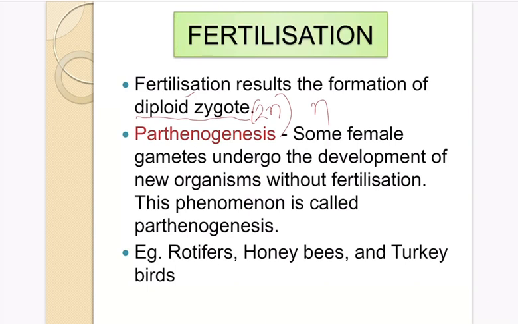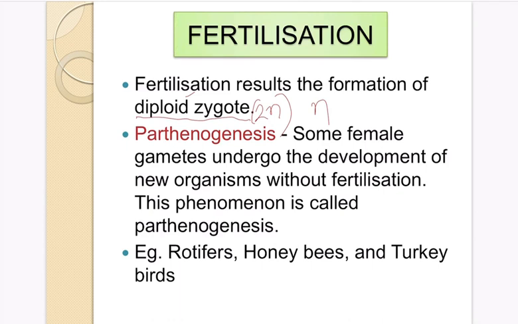So, in most aquatic organisms, such as fishes, algae, amphibians, external fertilization occurs. When the egg is retained inside the female body, where it fuses with the male gamete, the process is called internal fertilization or internal syngamy. Example, reptiles, birds and mammals.